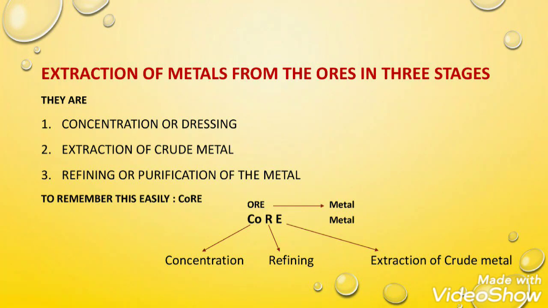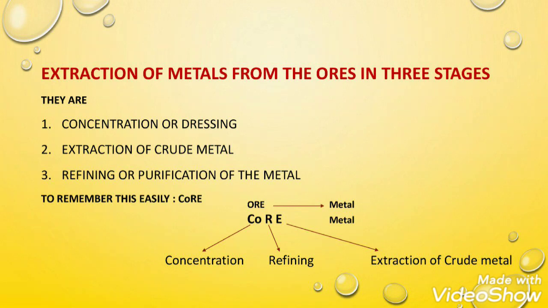To remember these 3 stages easily, keep in mind the word CORE. Generally from ore we get metal. So the ore I am changing to core, adding C to the ore.